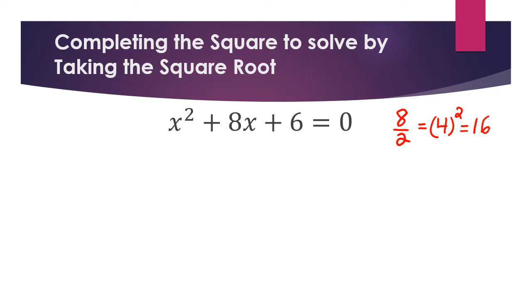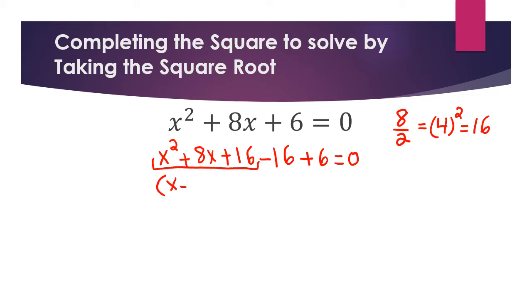Now, to have a perfect square, I need to add 16 to the second term of the trinomial, x squared plus 8x plus 16, and take it away again to keep the value of the equation the same, minus 16 plus 6 equals 0. Now I end up with a trinomial that I can factor into x plus 4 times itself.